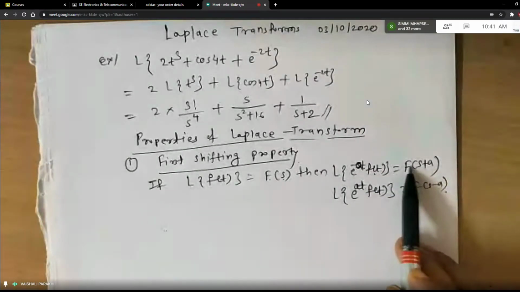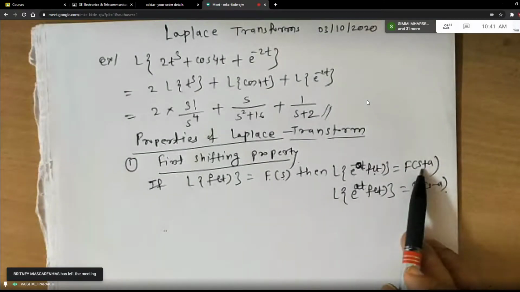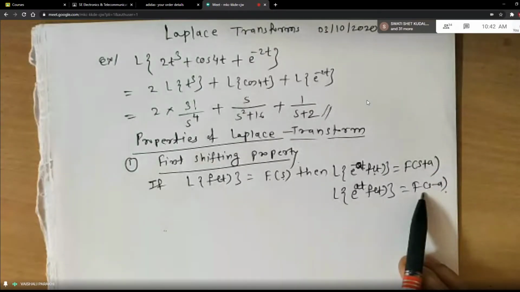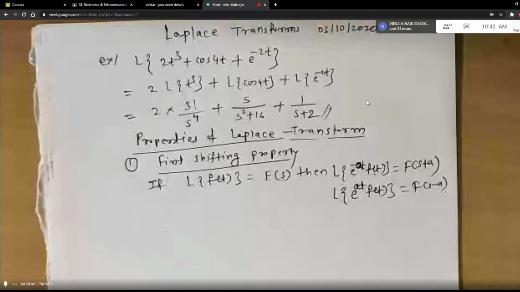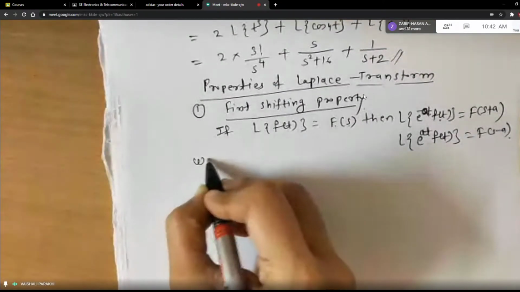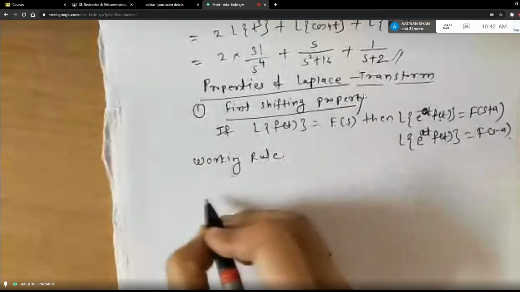Now what is meaning of F of s plus a, students? F of s plus a means the right hand side is function of s plus a. Here right hand side is function of s minus a. Okay. So I'll give you the working rule so you will understand what I'm saying, how to make use of this formula while solving the problems. Okay, the working rule is easy, students.